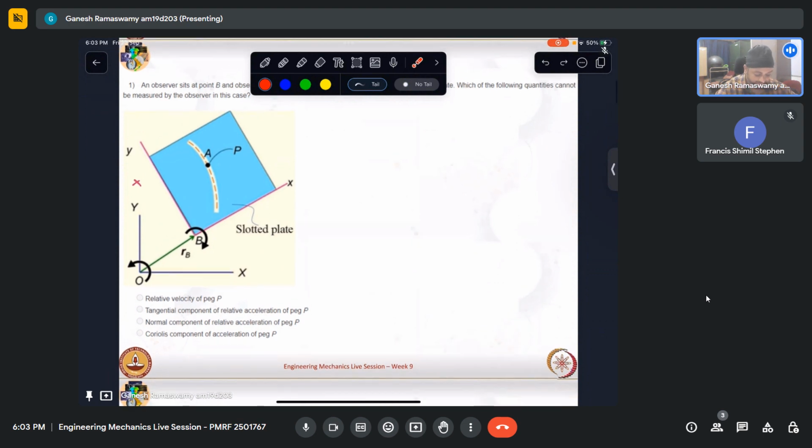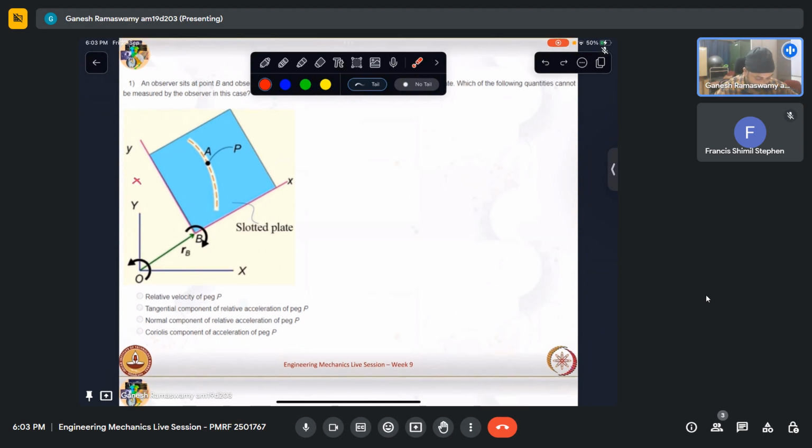The only thing that cannot be measured is the Coriolis component of the acceleration of this peg P, which is by virtue of this rotation itself.